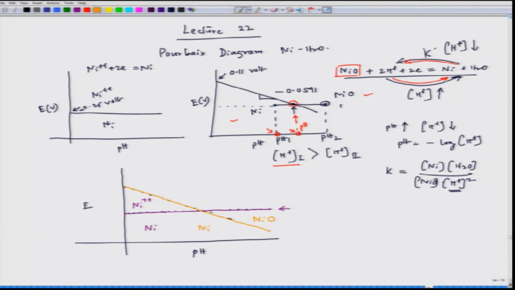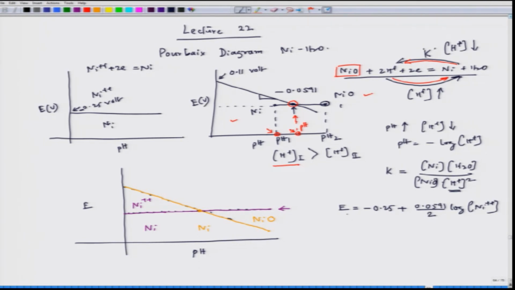Now, already we know if we consider this is the connection between these two, this connection point can be found out by simply solving two equations what we have already found out. One equation is for type 1: E equals minus 0.25 plus 0.591 by 2 log of Ni plus plus. So, instead of activity we are writing in the form of Ni plus plus.